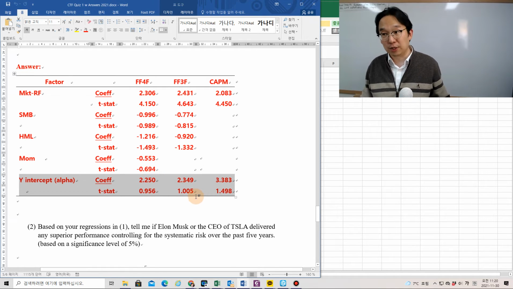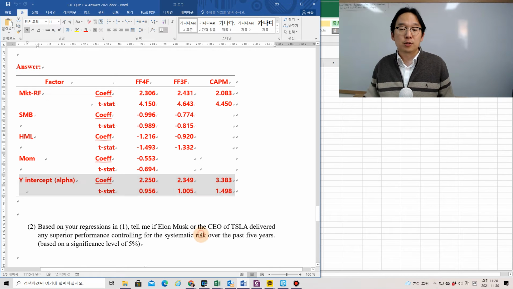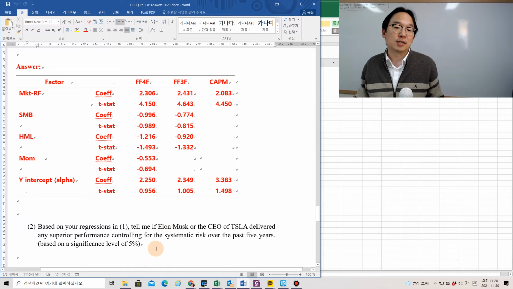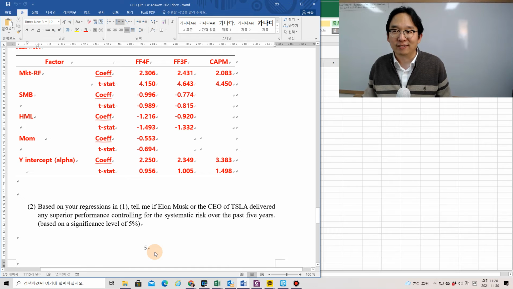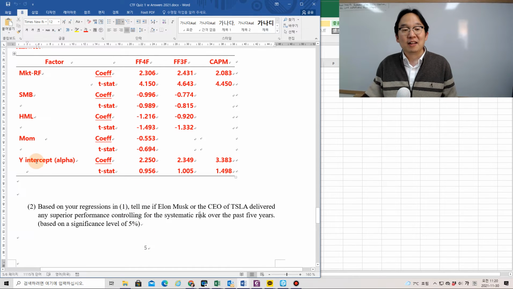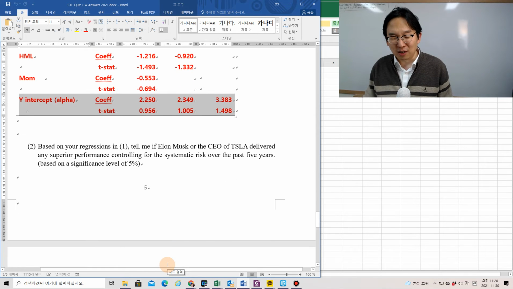We will be able to reject the null that alpha is 0. So our null hypothesis is that alpha equals 0, which means Musk is an average guy. Okay, and then what does our alpha say? Ooh, Musk is only an average guy.